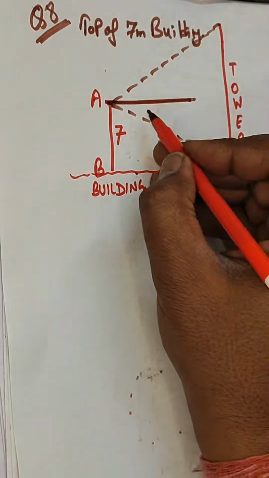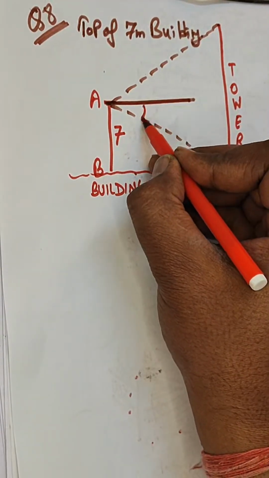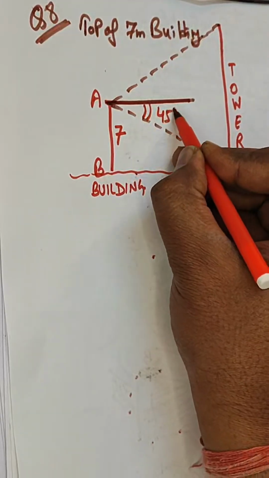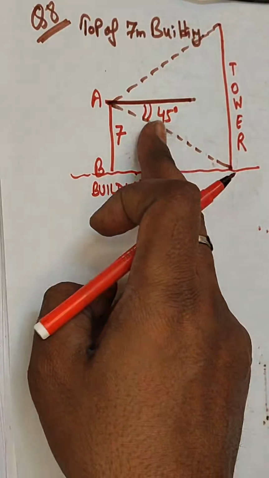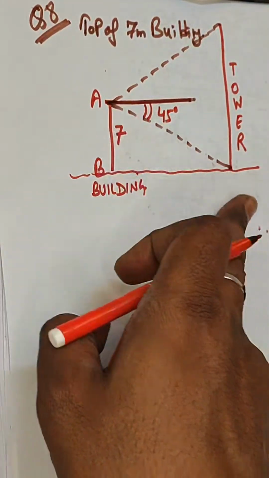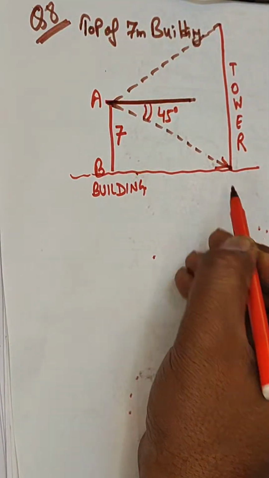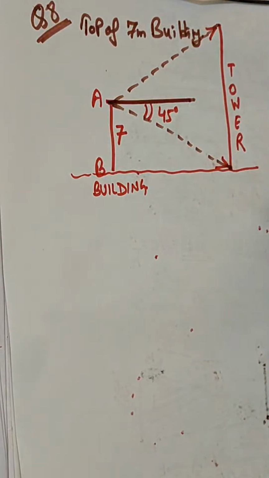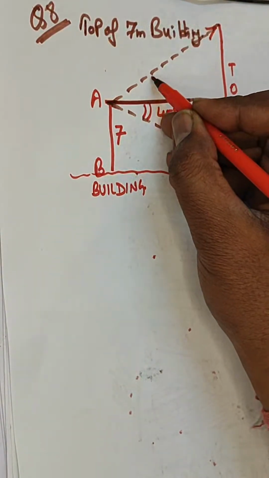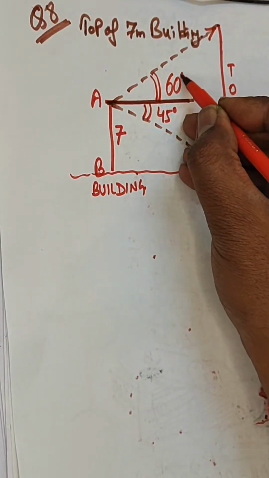Now it's given that the angle of depression is 45 degree from the top of this building to the base of this tower, because the angle of depression is found when looking downward. So from here you are looking downward in this direction, and when you are looking upward in this direction, this will be the angle of elevation, and it is given that this angle is equal to 60 degree.